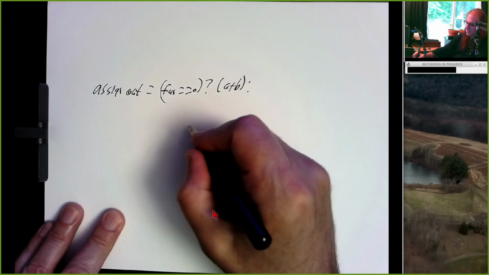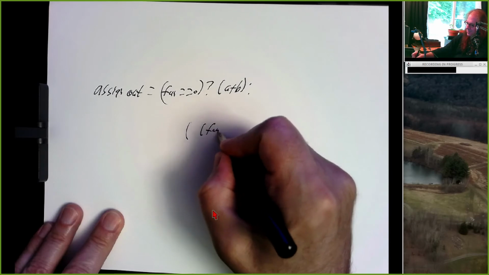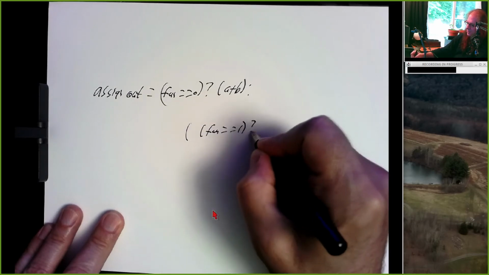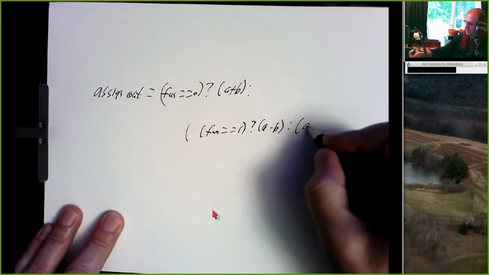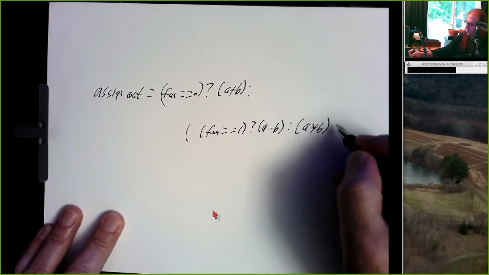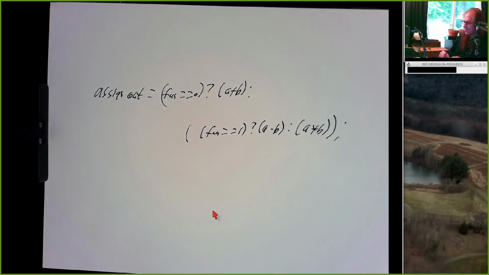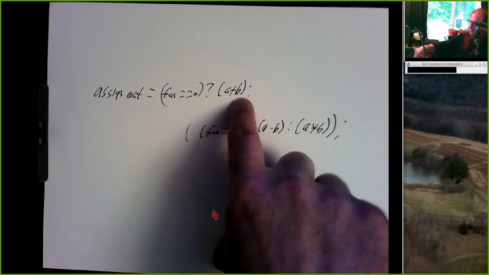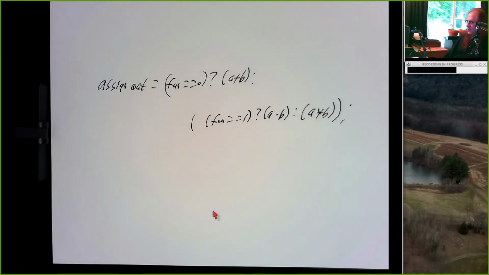Otherwise, we're going to set it equal to the following. If function equals 1, let's set it to a minus b. Otherwise, let's set it to a times b. And I think I matched my parentheses. So it's a fancy way of saying if function equals 0, do a plus b, else if function equals 1, do a minus b, else do a times b.